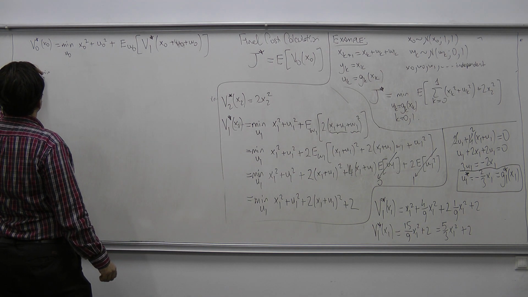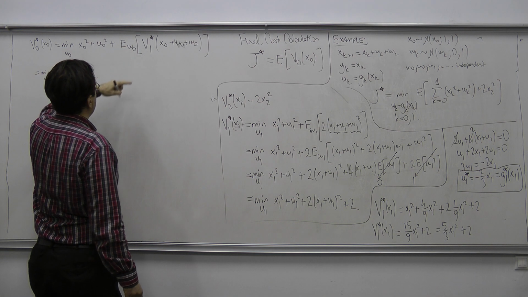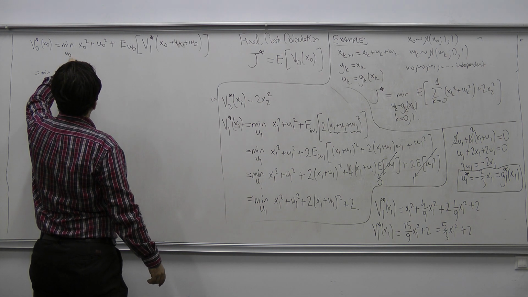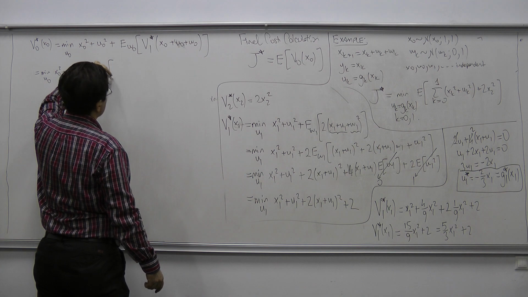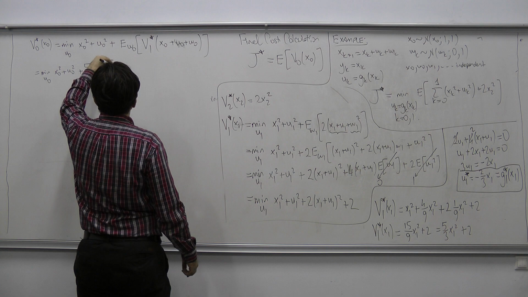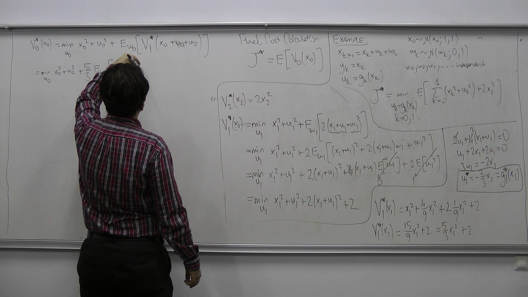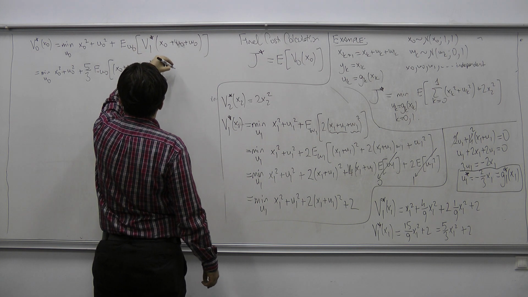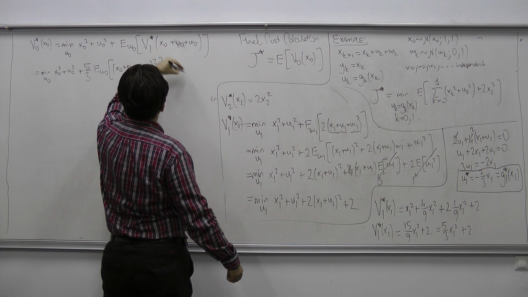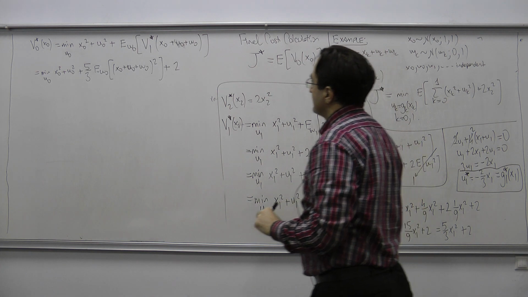So I have minimized with respect to u0, x0 square plus u0 square, plus I will calculate 5/3 times expected value with respect to w0 of x1 square, x1 is this thing, x0 plus u0 plus w0 square, plus 2. Expected value of 2 is 2 itself. Okay? So I just have this.